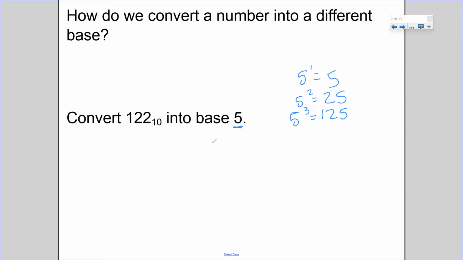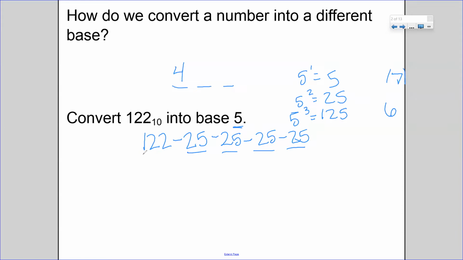So we know that 5 cubed is going to be too big. So we're going to take multiples of 25 away. So we would do 122 minus a 25 and another 25, and you guessed it, 2 more 25s. Because we have 4 groups of these, our third digit spot is going to be a 4. So this would become 122 minus 100, which would just be 22.